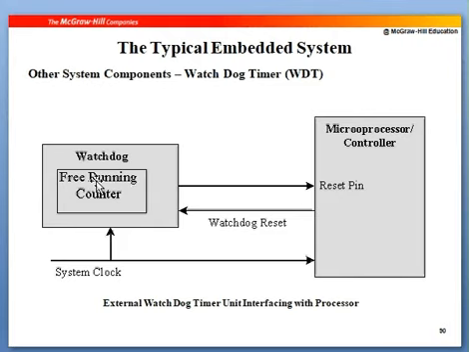Once you get a signal, if this is working normally, then within that stipulated time, if you're getting a signal back to the watchdog timer within the time which you have specified in the watchdog register, it means your firmware is running properly.